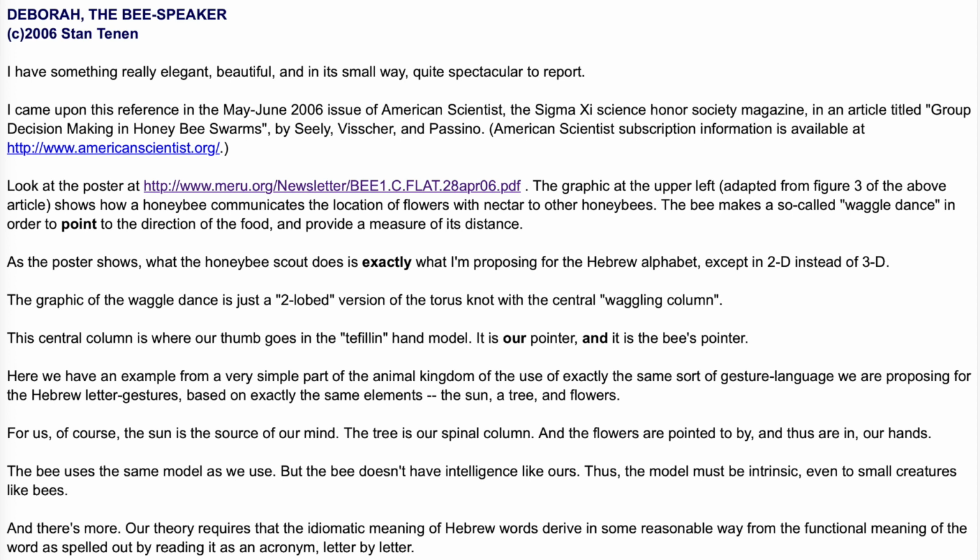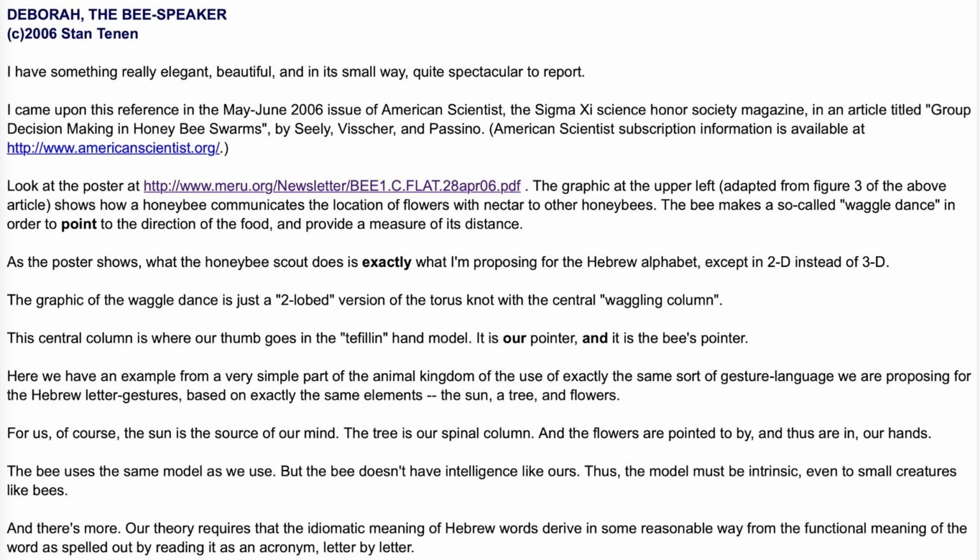The graphic at the upper left, adapted from figure 3 from the article in American Scientist, shows how a honeybee communicates the location of flowers with nectar to other honeybees. The bee makes a so-called waggle dance in order to point to the direction of the food and provide a measure of its distance.